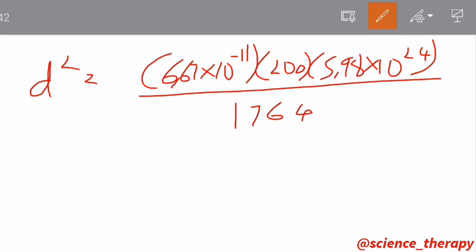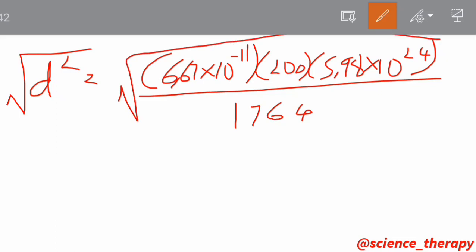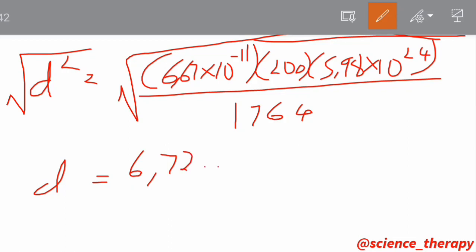At this point, we can see that we are looking for d, not d squared. So we can just square root both sides. Then we have d is equal to 6.7 and so on, whatever the digits that we have there, times 10 to the power of 6 meters. At this point, I'm not rounding it off, so I'm just going to save it as answer on my calculator.